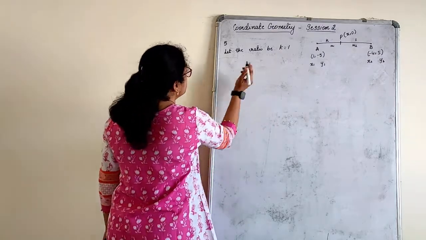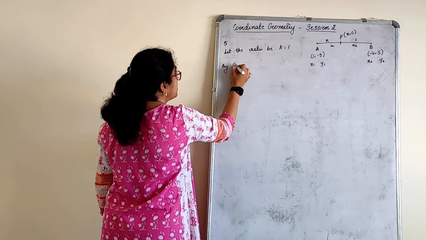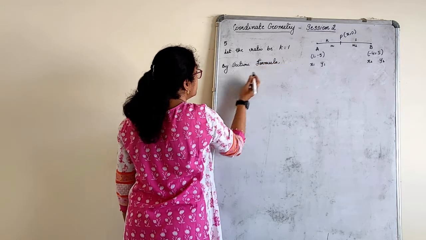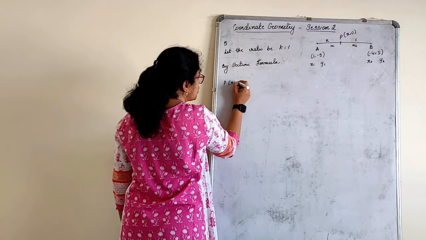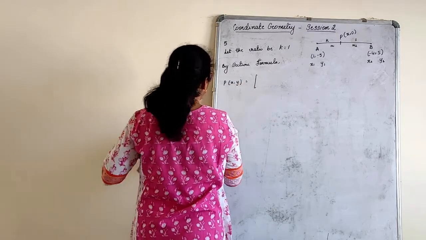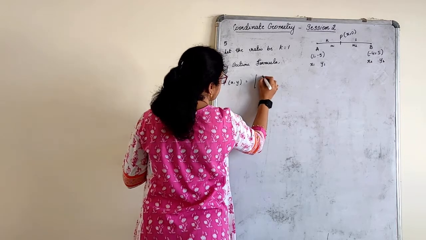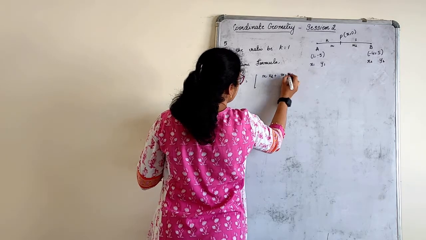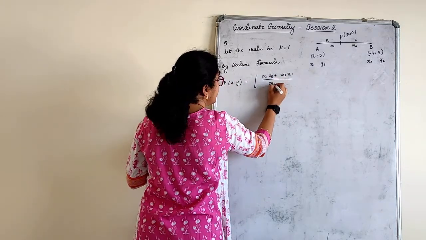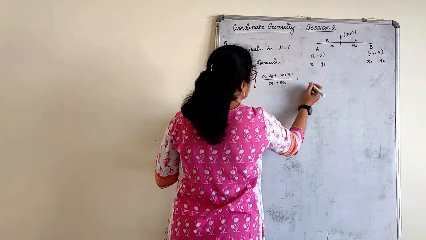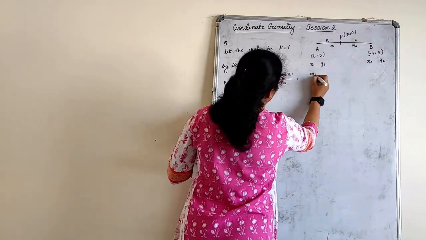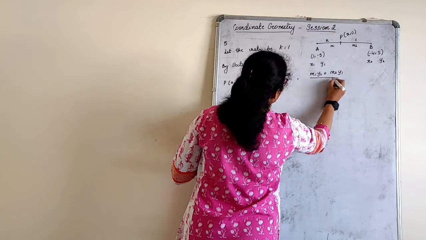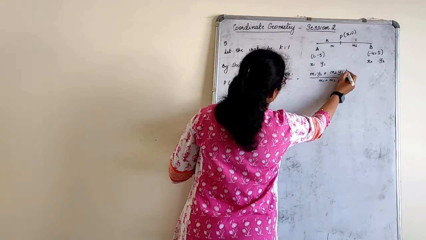Let's do it by which formula? Section formula. By section formula, P, I'll first write this as (x, y) only, is equal to, the formula says: (m1 x2 plus m2 x1) divided by (m1 plus m2), comma, (m1 y2 plus m2 y1) divided by (m1 plus m2).